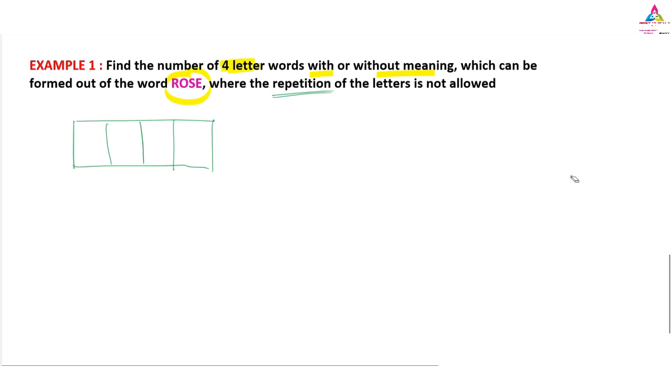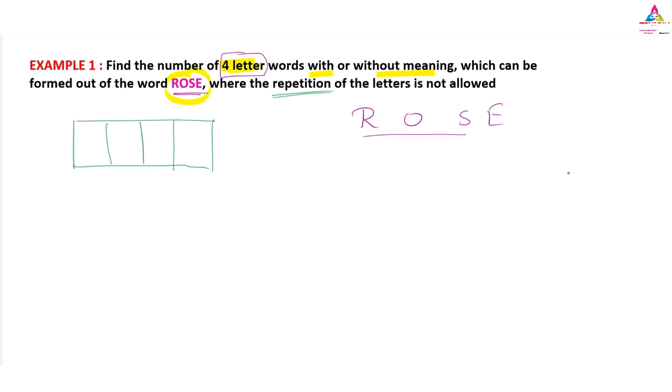The thing is, it looks very easy. Yes, it is very easy. But first we have to see the 4-letter word ROSE, I will write it down. They have given 4 letters and we have to frame a 4-letter word, not a 3-letter word, which means we have to use all 4 letters. They have not mentioned otherwise. So the chances will be: first I can write ROSE as it is.